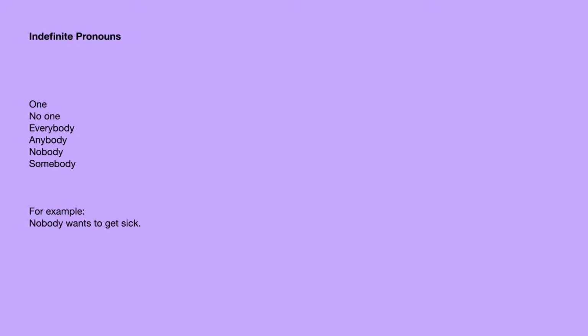We also have indefinite pronouns. And these are used when the person or thing doesn't need to be specifically identified. Meaning, you don't need to say what that thing exactly is or what those things exactly are, or who those people are. Examples are one, no one, everybody, anybody, nobody, somebody.